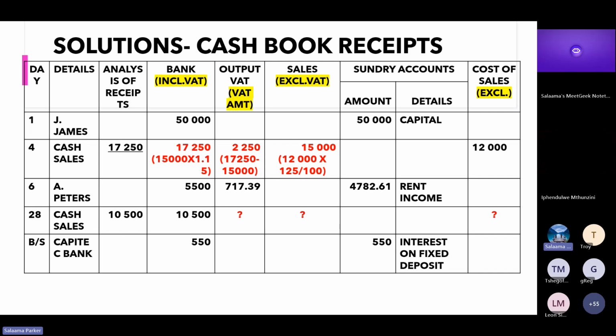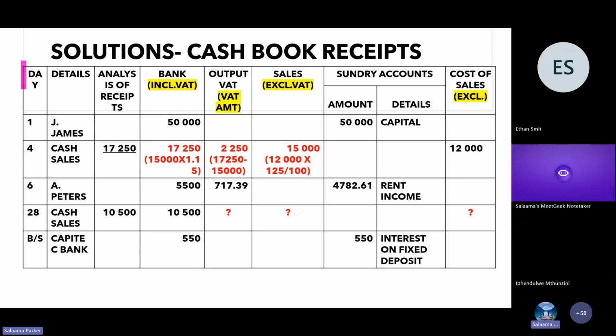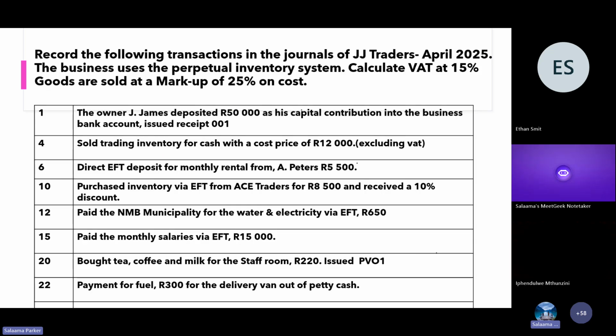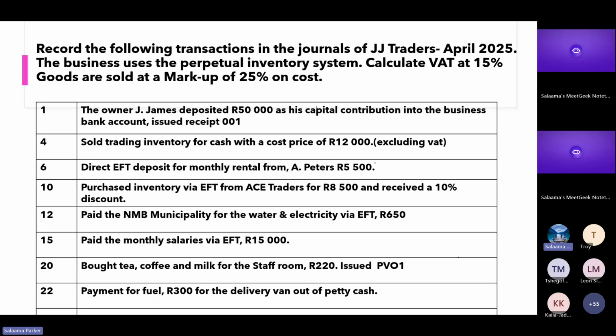Okay, then if you go back to your transaction, so this one was a little bit tricky, guys. Let's just read the transaction again. We sold trading inventory for cash, but with a cost price. Okay, so yeah, they gave us the cost price. So what must we calculate?